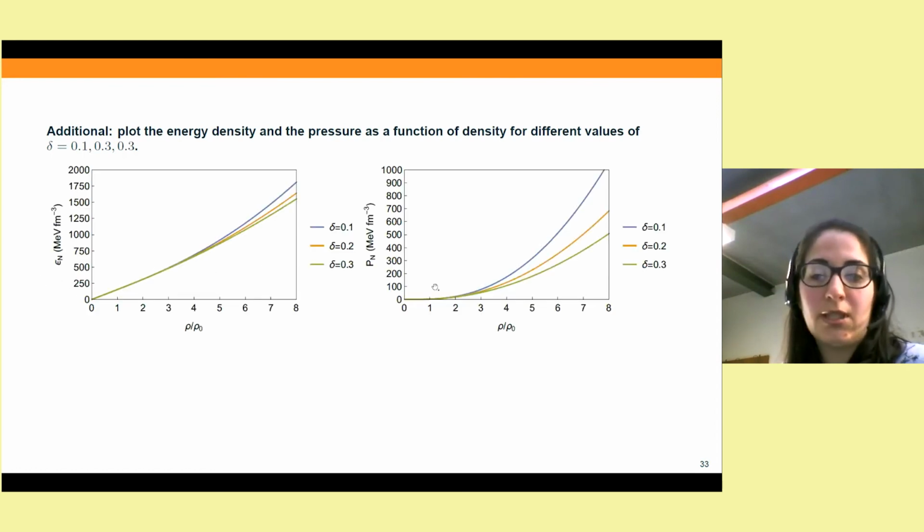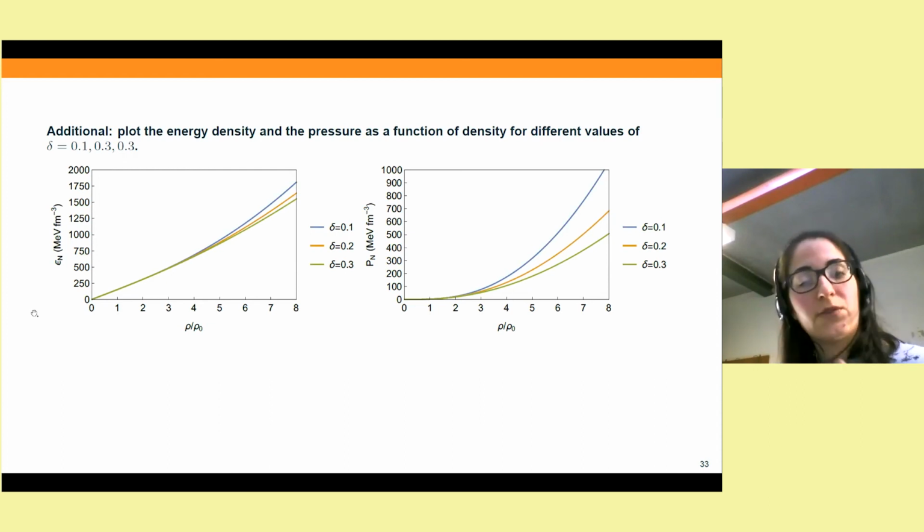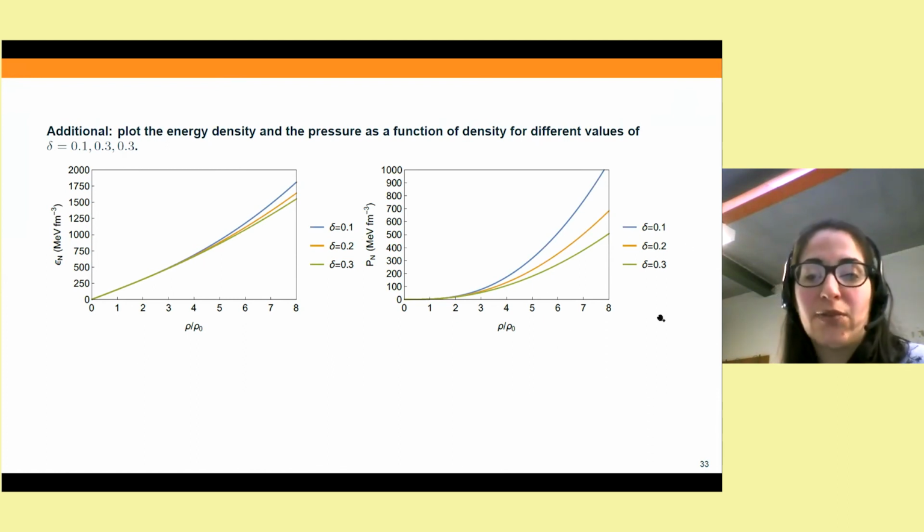So I just took the expressions that we obtained in the previous exercises for the nuclear energy density and the pressure, and I plotted them as a function of the baryonic density for different values of delta. I see that up to 3 times saturation density, the difference is very small.